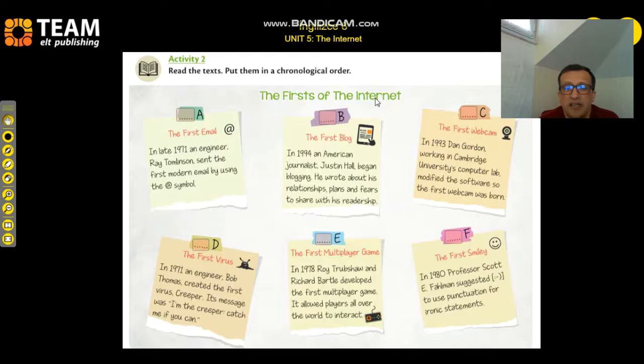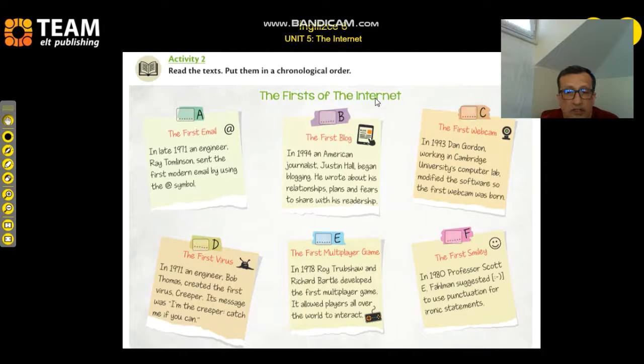Yes. The first multiplayer game. İlk çoklu oyun. Yes, the first multiplayer game in 1978, Roy Trapshaw and Richard Bartle developed the first multiplayer game. It allowed players all over the world to interact. Yes. 1978'de Roy Trapshaw ve Richard Bartle isimli iki kişi ilk çoklu oyunu geliştirdi.